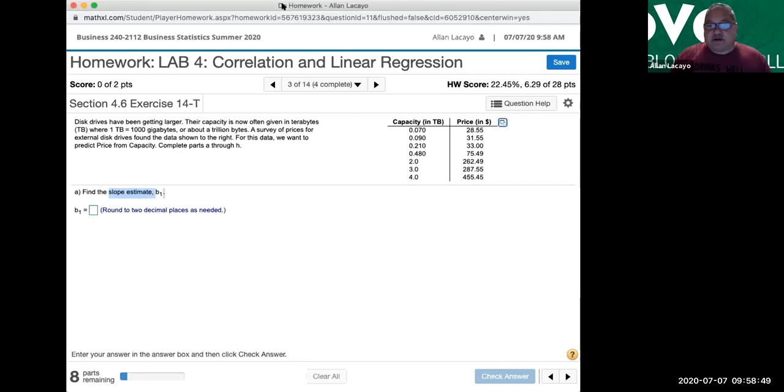Those are the three main precautions: outliers, nonlinearity in the pattern of the form, and unequal spread around the linear form of the data. So now that I've clicked here and been able to open the data in StatCrunch, let me go there.